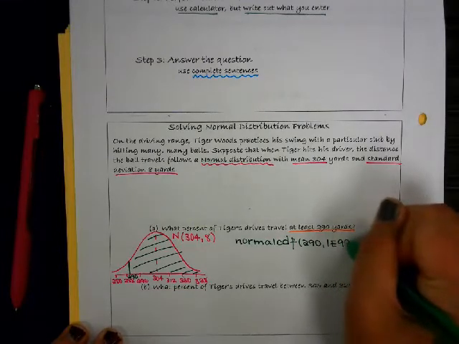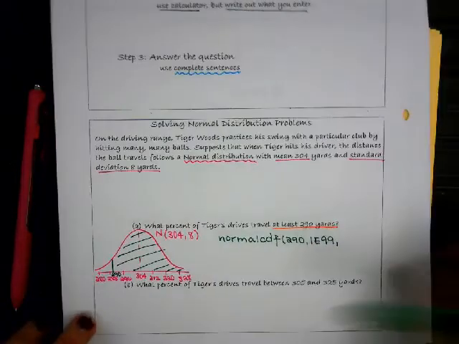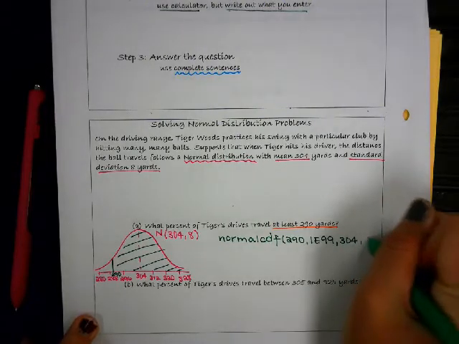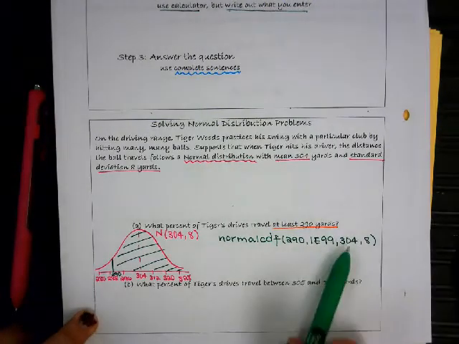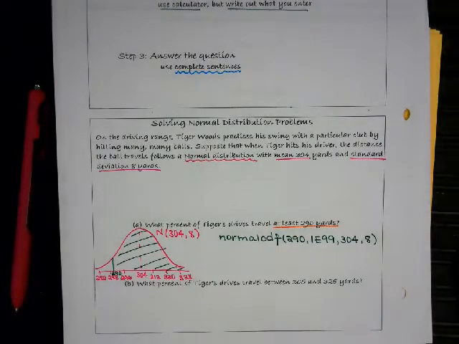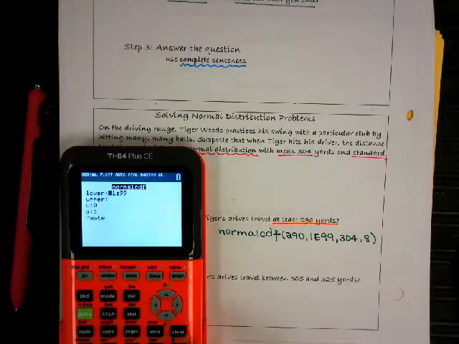What's the mean? 304. So this is where it's slightly different than last time. We're not working with the standard normal distribution, so our mean is not 0 or standard deviation is not 1. We have to put in what the problem tells us. 290, 1e to the 99, 304, and 8.